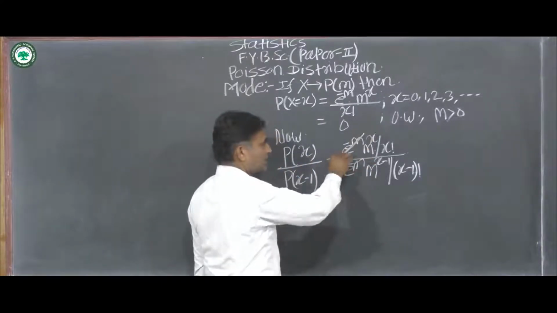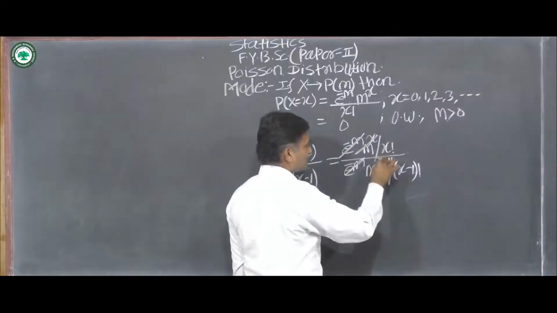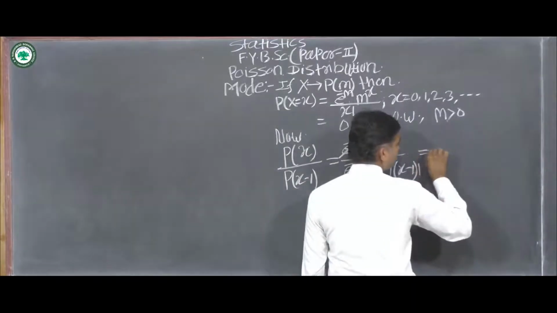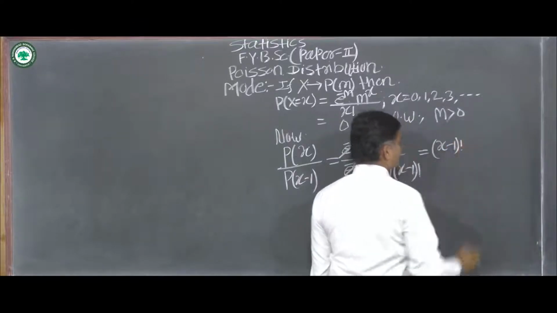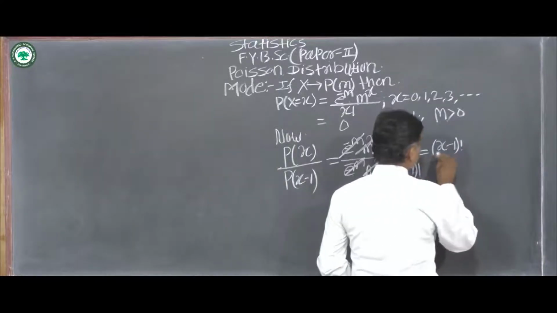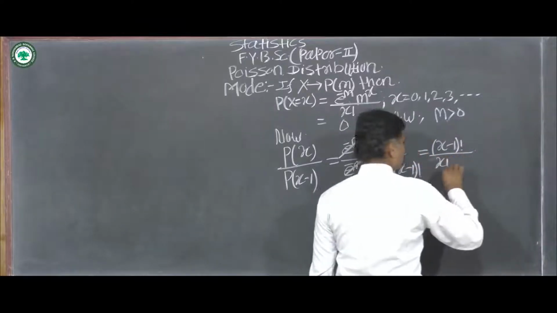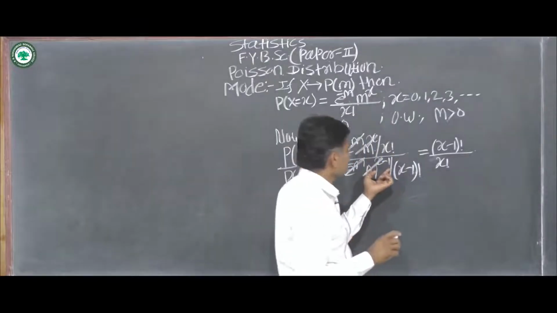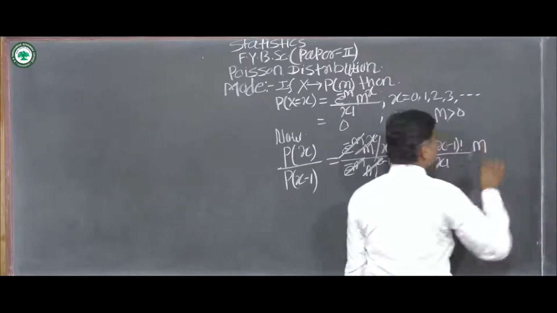Now here e raised to minus m gets cancelled, then m raised to x gets cancelled. The remaining terms are: x minus 1 factorial goes to the numerator upon x factorial, and m raised to minus 1 goes to the numerator as m.